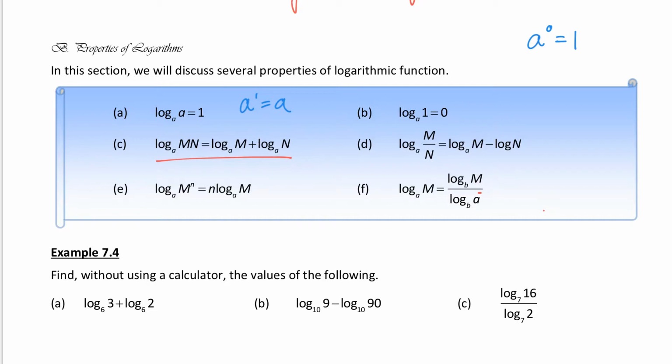In this case, I know m is equal to a to the power x, and n is equal to a to the power y. This is the meaning of the relationship between a, m, and x.